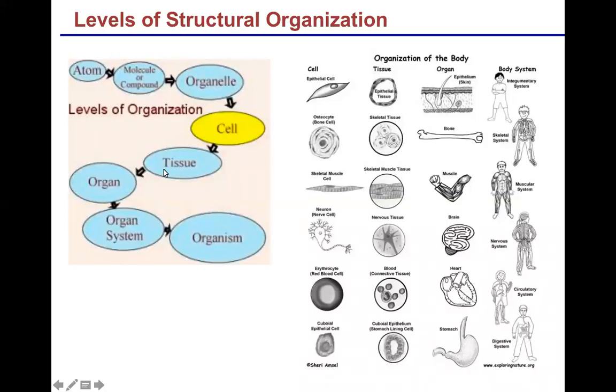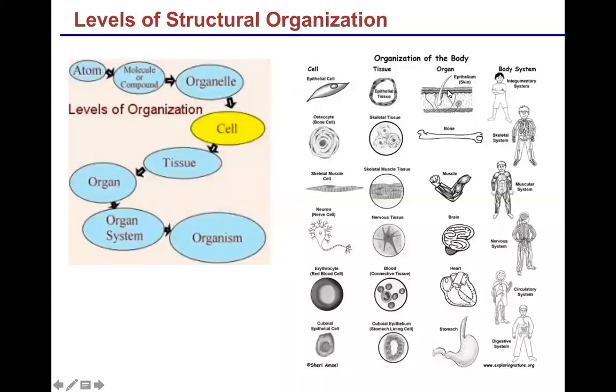Many such tissues then join together to form an organ. Several such organs join to form an organ system, and 11 such organ systems we have in our body to form an organism or an individual. So we start with atom, molecules, organelles, cell, tissue, organ, system, and organism.